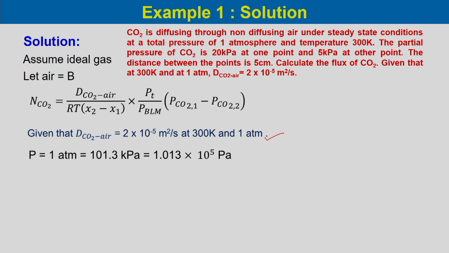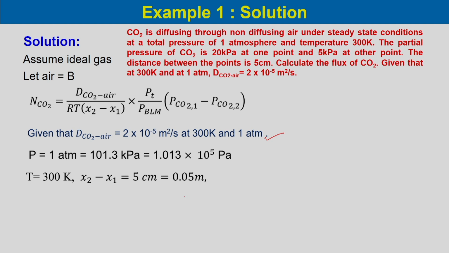Now, P is the total pressure, which is 1 atmosphere, and if we convert it into kilopascal it would be 101.3 kilopascal, which is equal to 1.013 into 10 to the power 5 pascal. Now, temperature is 300 Kelvin, which is given. x2 minus x1, the distance of diffusion, is 5 centimeter.